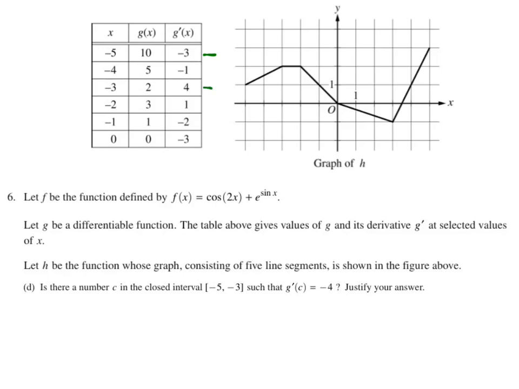So by the intermediate value theorem, if this function is continuous, and it is, then g prime and all that will equal every value between negative 3 and 4.